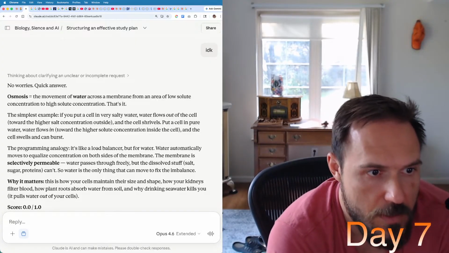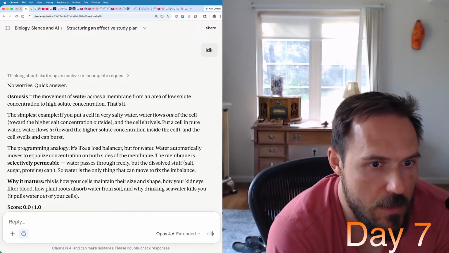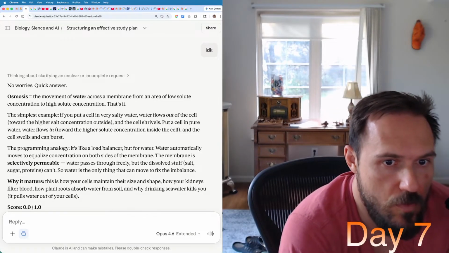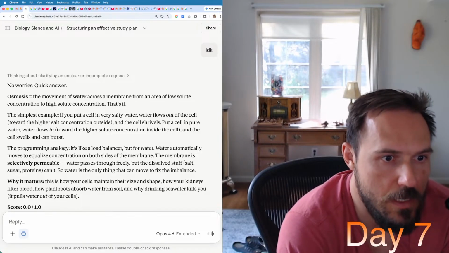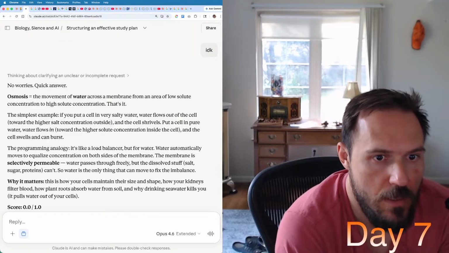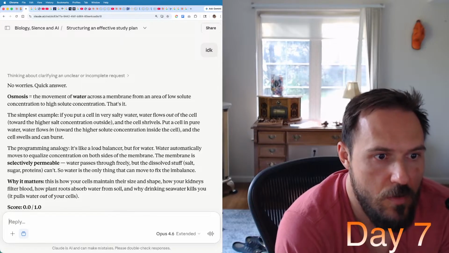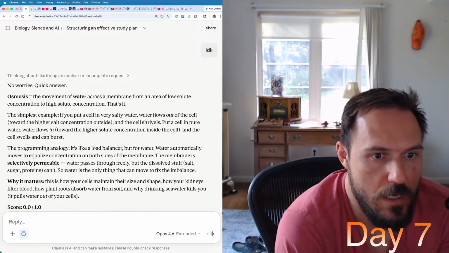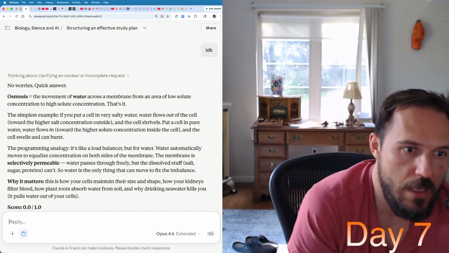That's it. The simplest example: if you put a cell in very salty water, water flows out of the cell towards the highest salt concentration outside, and the cell shrivels. Put a cell in pure water, water flows in towards the highest solute concentration inside the cell, and the cell swells and can burst.